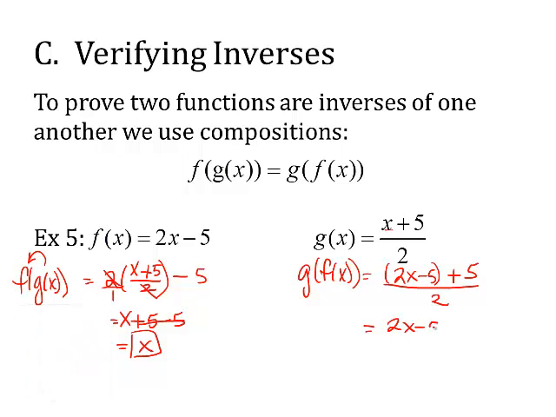Well, the 5's will zero out, and I have 2x over 2. The 2's cancel, and I have x. Well, look, they both came out to be x, so they are indeed inverses.